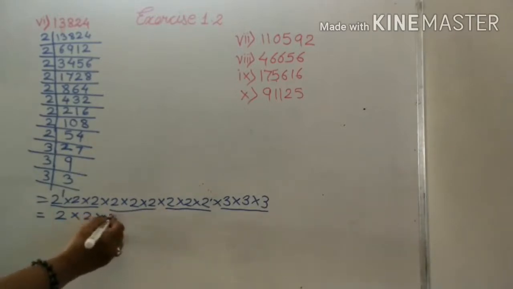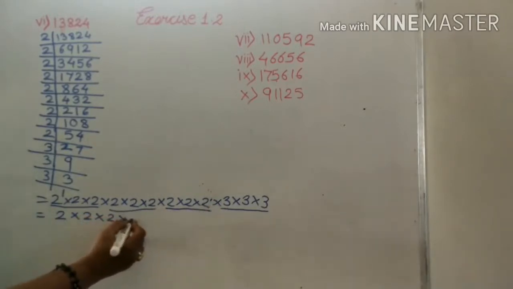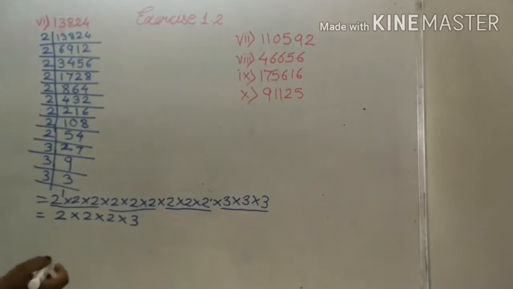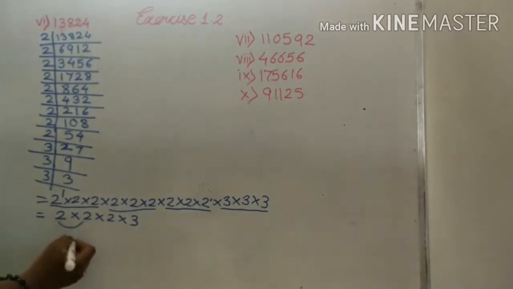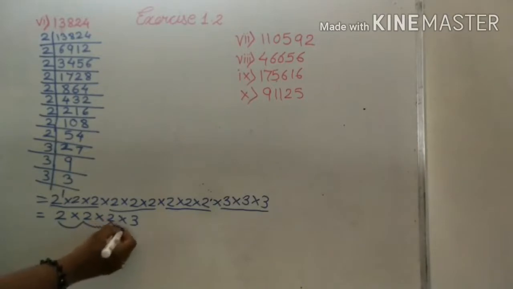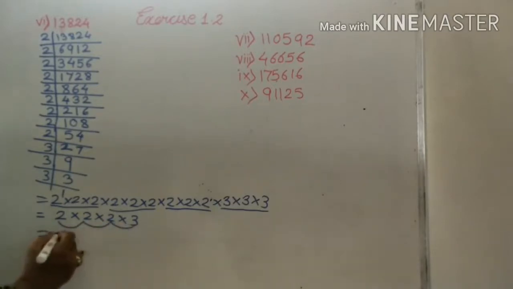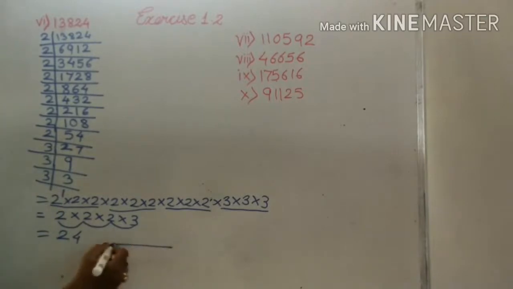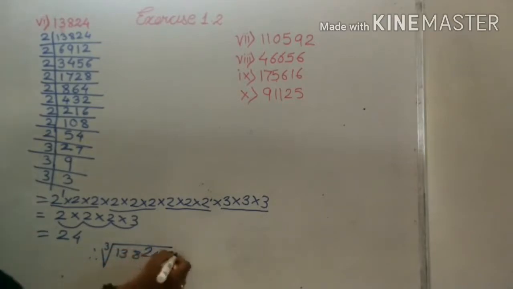And the third group too. From the fourth group 3 comes here. Now multiply. 2 2s are 4. 4 2s are 8. 8 3s are 24. Therefore, the cube root of 13,824 is equal to 24.